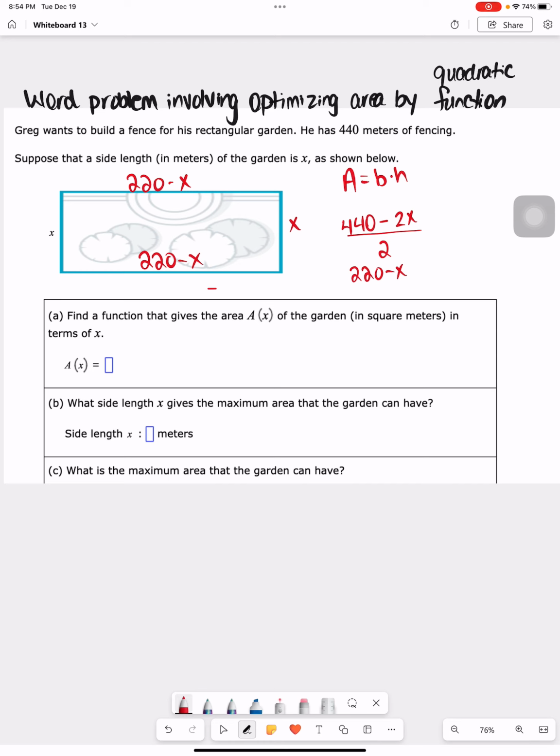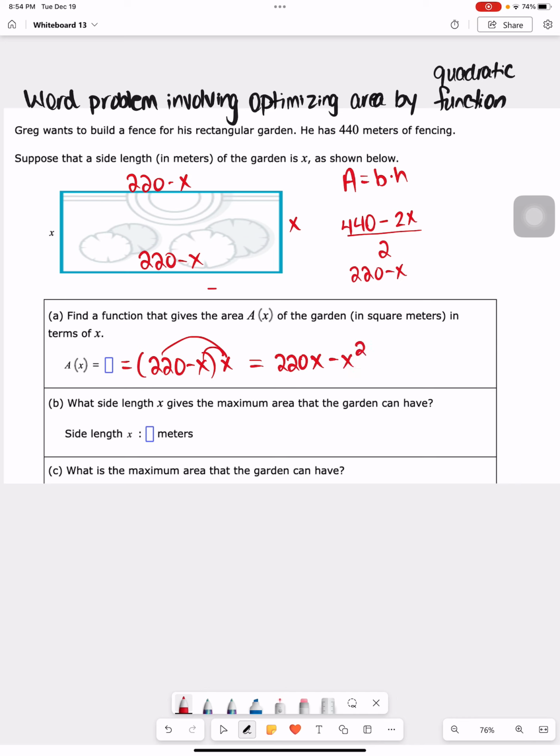So again, it's base times height. The base is equal to 220 minus x, and the height is x. If I multiply this out, using my distributive property, that gives me 220x minus x squared.